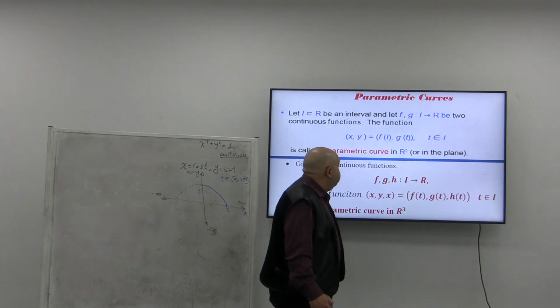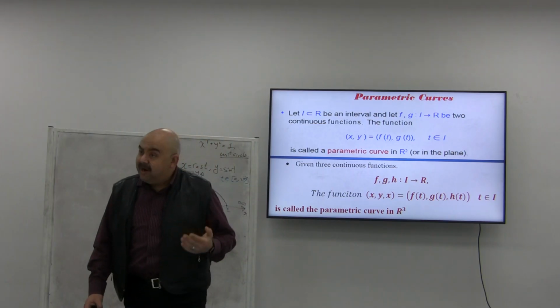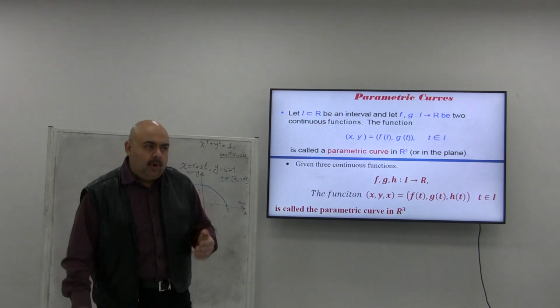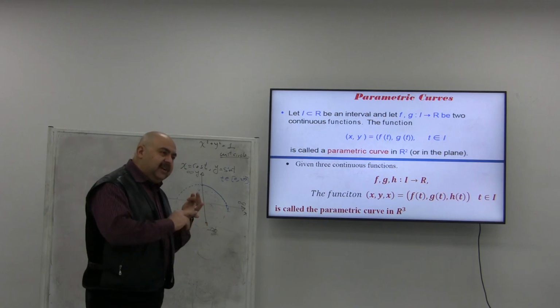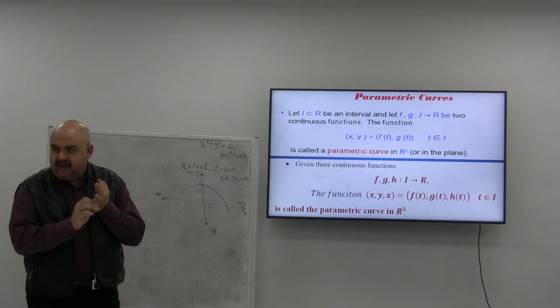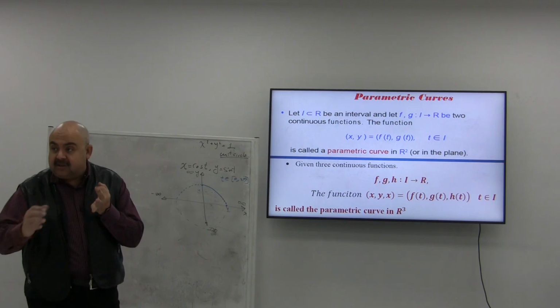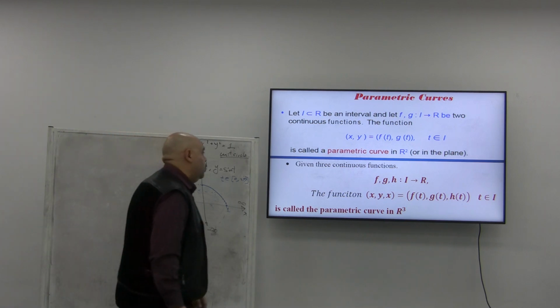This is in the plane. If I'm talking about generalizing this rule to three dimensions, I will have x, y, and z. If I succeeded in getting a function in t instead of x, a function in t instead of y, and so on, I will be working with this.